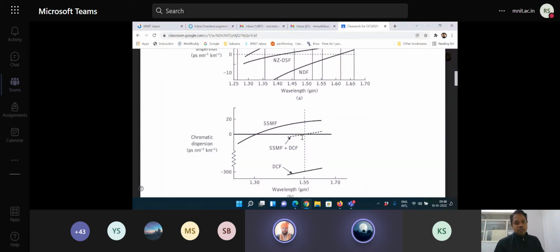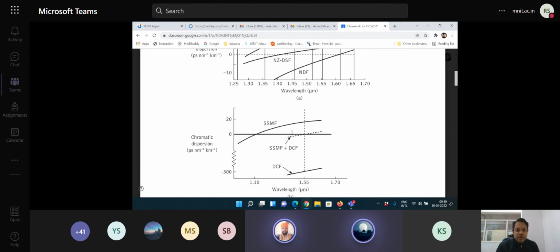So this is the profile that one can get by using a dispersion compensating fiber, meaning this is the dispersion that you can have. This is actually a very large negative dispersion which can be introduced by a dispersion compensating fiber.